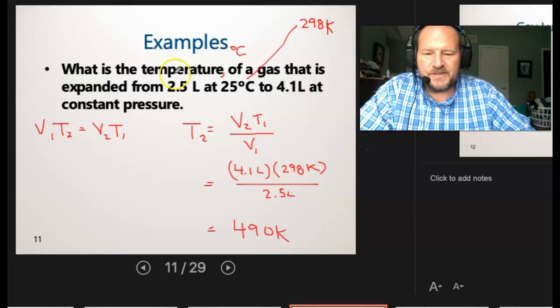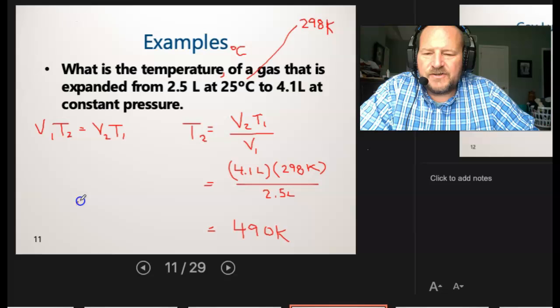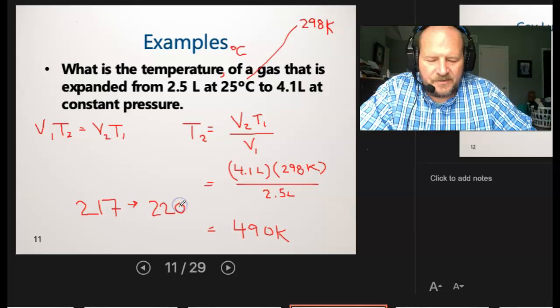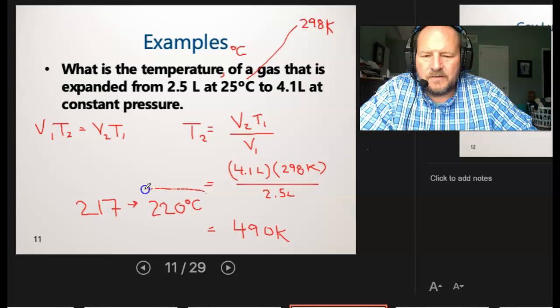Having some finger issues here. All right, that gives us 217, which will have to be 220. Only get 2 sig figs. Got to go to the tens place in the subtraction. Degree C. Final answer.